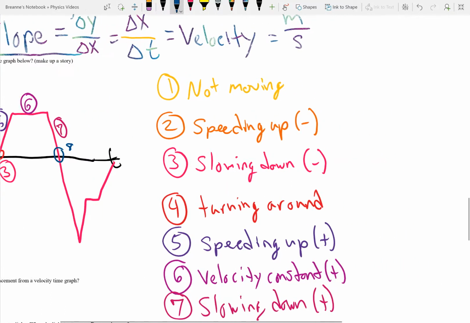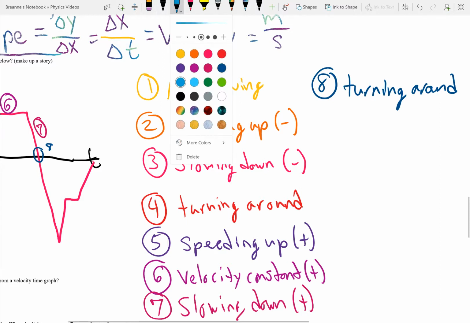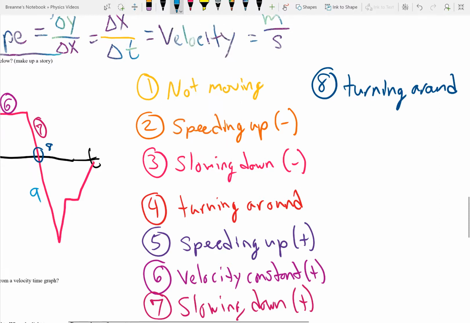For 8, we'll be turning around. For number 9, we would be speeding up in the negative because our numbers would be getting bigger.